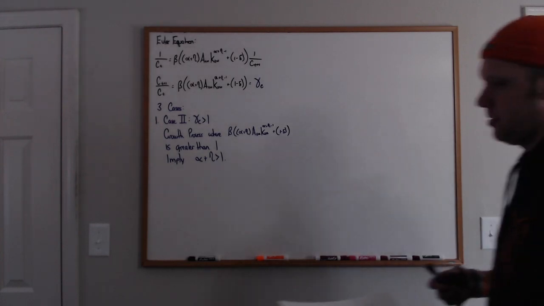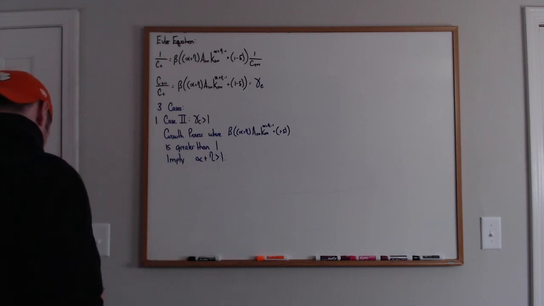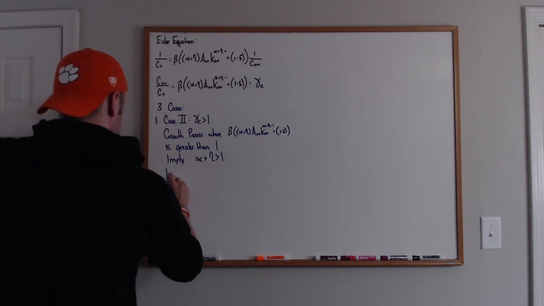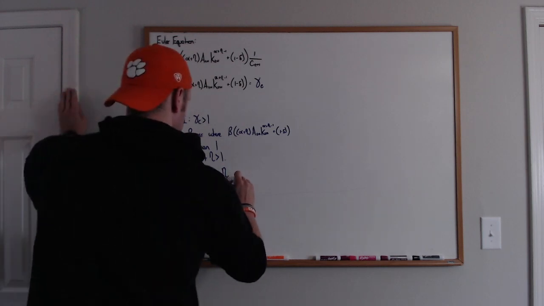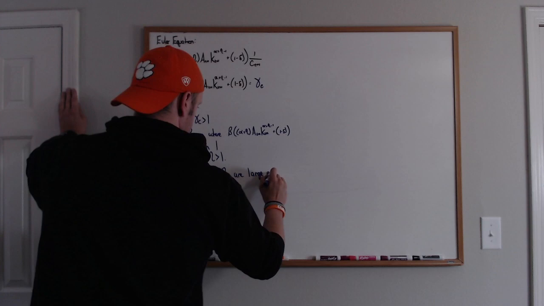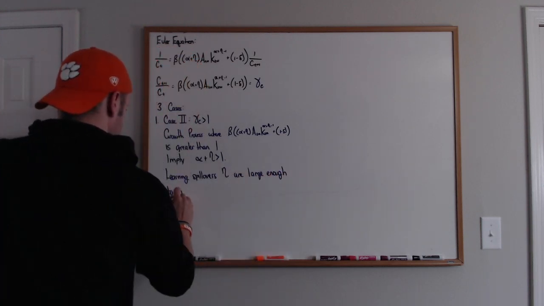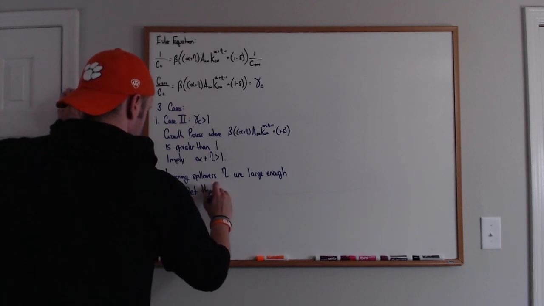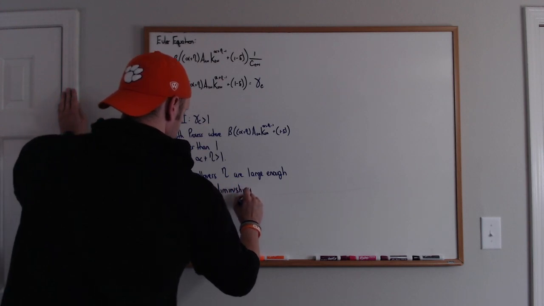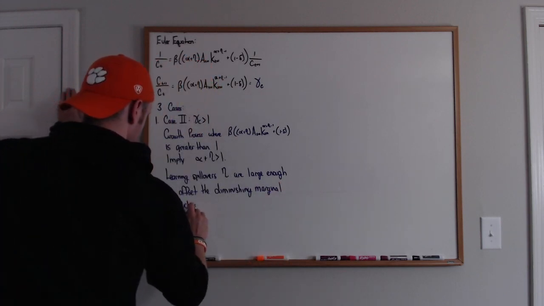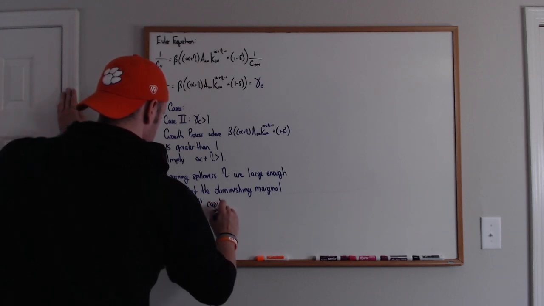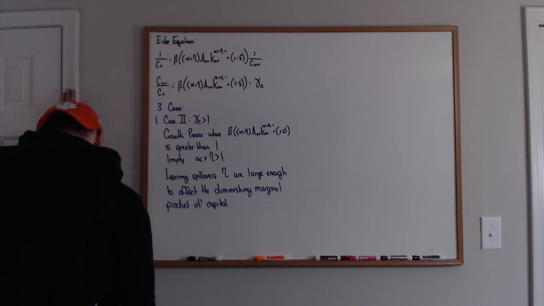Learning spillovers in this case, knowledge, human capital spillovers, whatever you want to call them, knowledge spillovers, eta, are sufficient to offset the diminishing marginal product of capital.